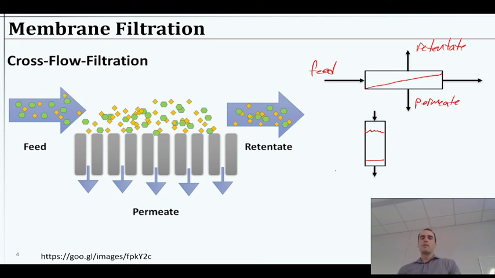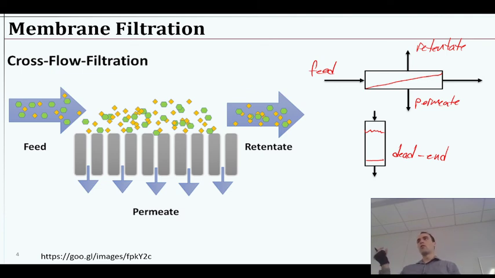So this would be dead end, and as that little story sort of thing illustrates, it's not great for continuous operation. This would be sort of like a batch reactor in the sense where you do it for a little bit and then you're done, and that's that. You'd probably have to change the filter and do it again.